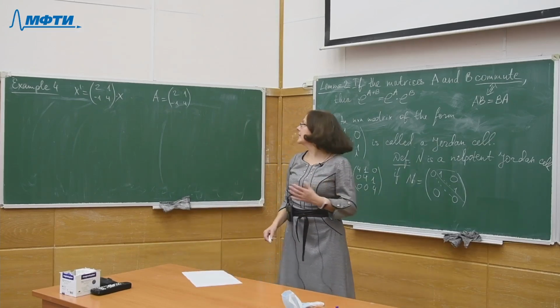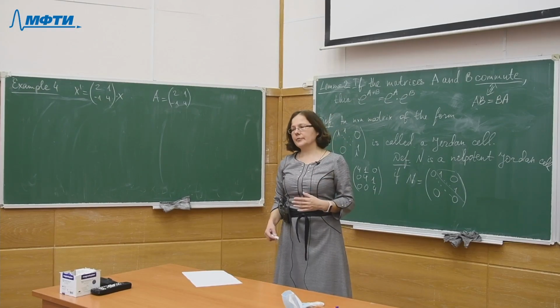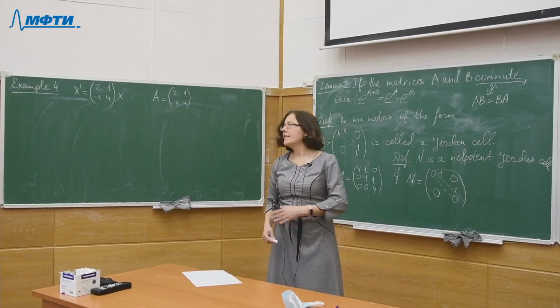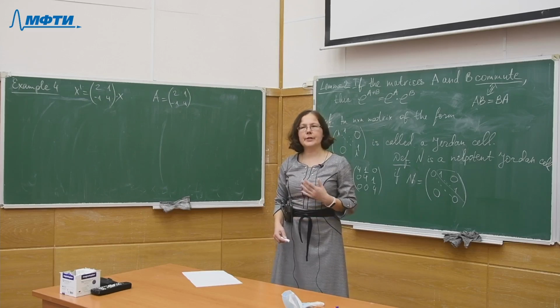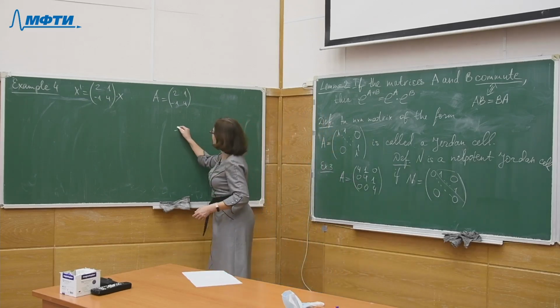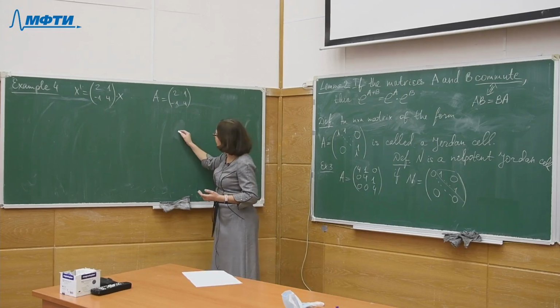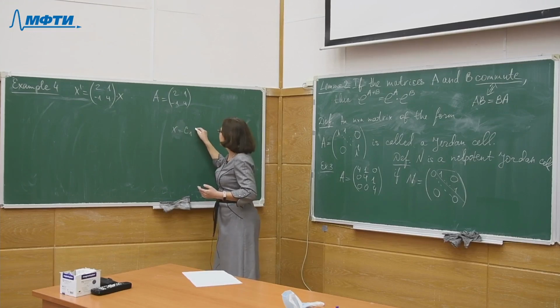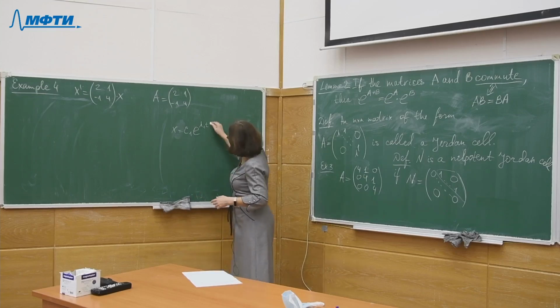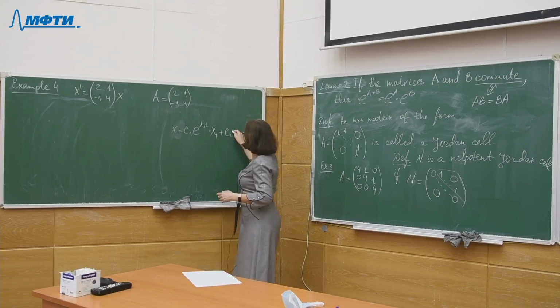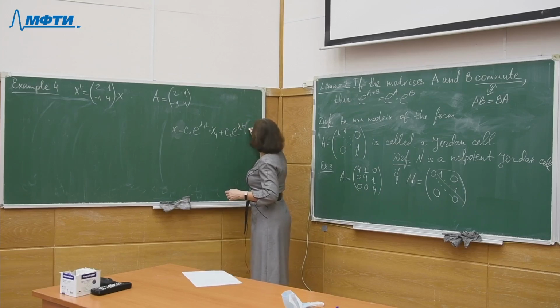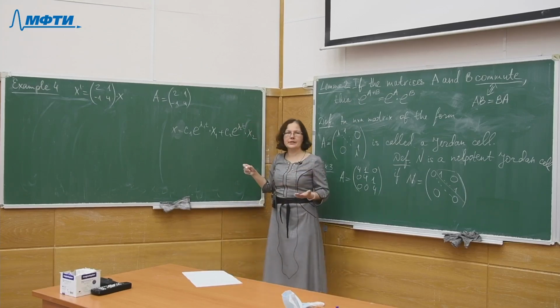So we know that if there is a basis consisting of eigenvectors, then the solution of such an equation can be given by the linear combination: C1 e to the power lambda 1 t times the first eigenvector, let it be x1, plus c2 e to the power lambda 2 t times x2, where x2 is the second eigenvector.